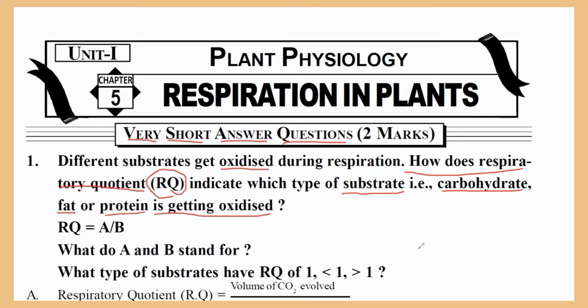In the equation RQ equals A by B, what do A and B stand for? Which substrates have an RQ of 1, less than 1, and greater than 1?